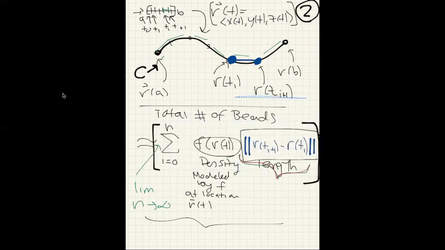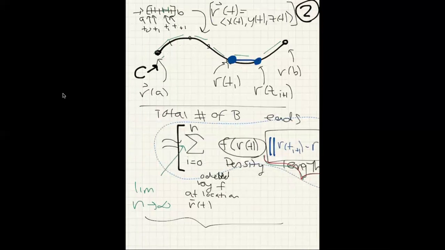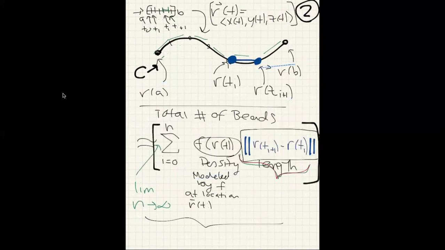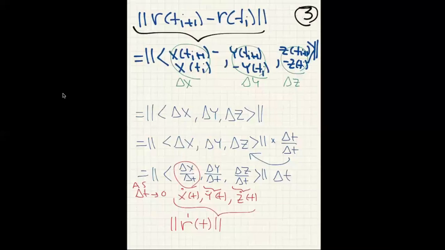Nope, that was sad. I want to take it to this next page. Lasso tool. Nope, it's not going to work. I just have to write the whole summation again.